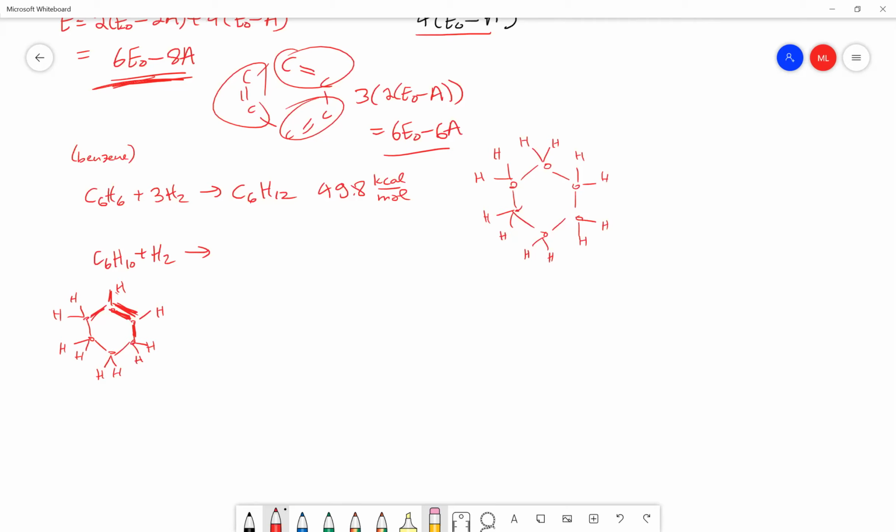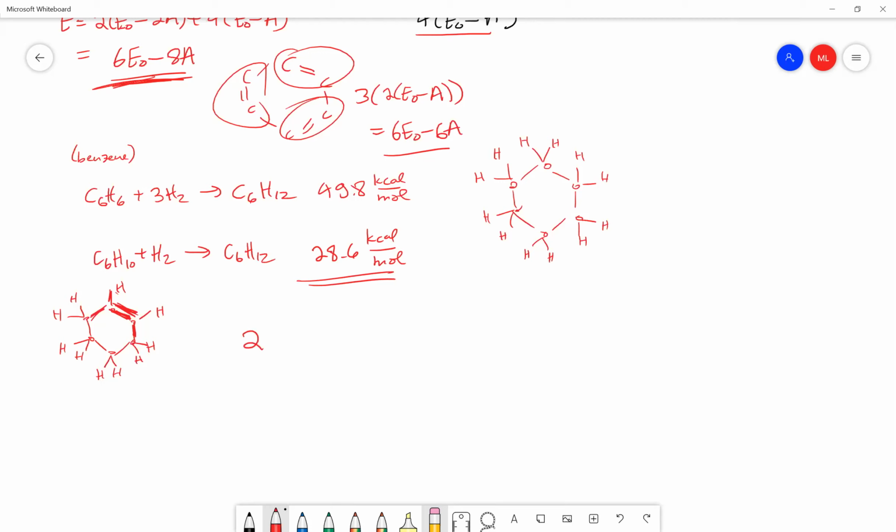So this is like a little ethylene guy. If we hydrogenate it and form C6H12, that also has an energy associated with it, 28.6 kilocalories per mole. This would be the energy associated with the single double bond.